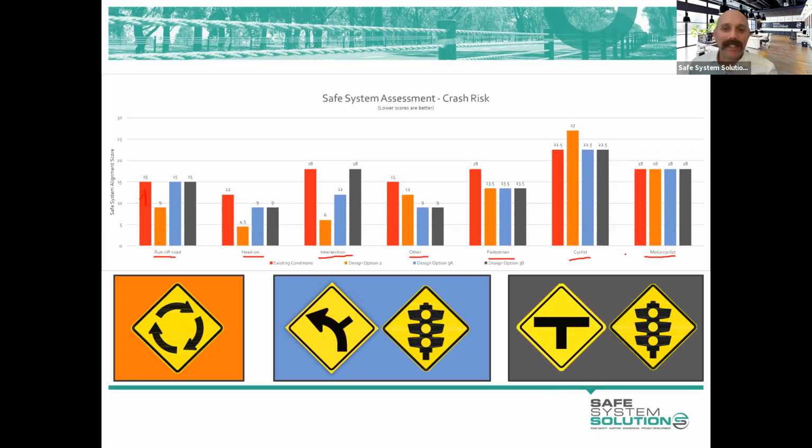And what I can tell you about this area immediately from this is that they have come up with proposals to alter the existing conditions, and the roundabout looks like it's coming in as the best alignment with safe system principles, except for cyclists.